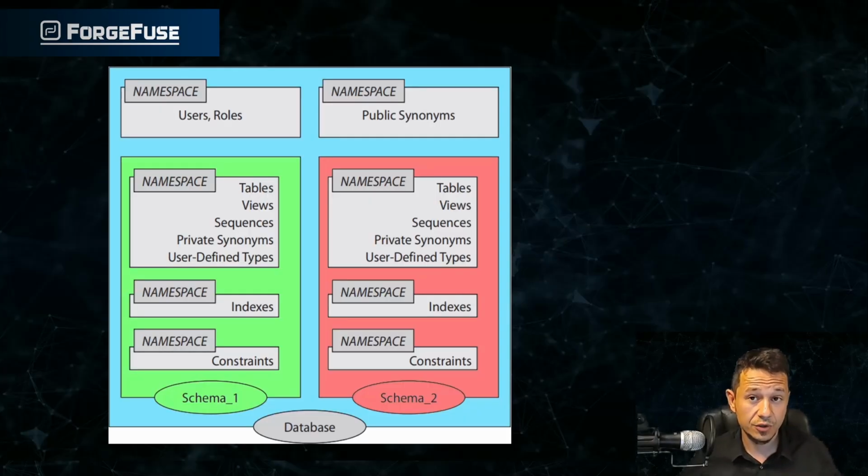Another thing to have in mind is that the name of an object has to be unique under one namespace. So for example, if we have a schema, let's think of this like our HR schema, we can only have one object with name, for example, cars.